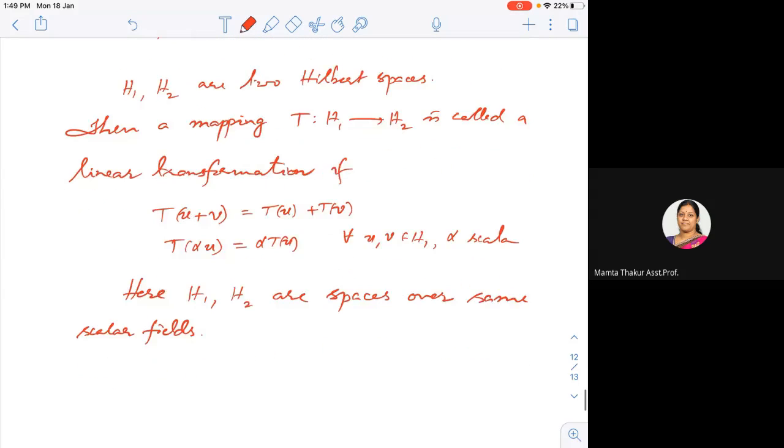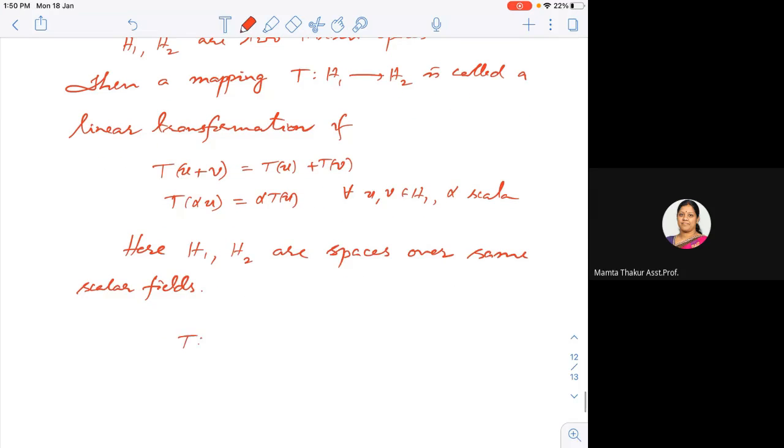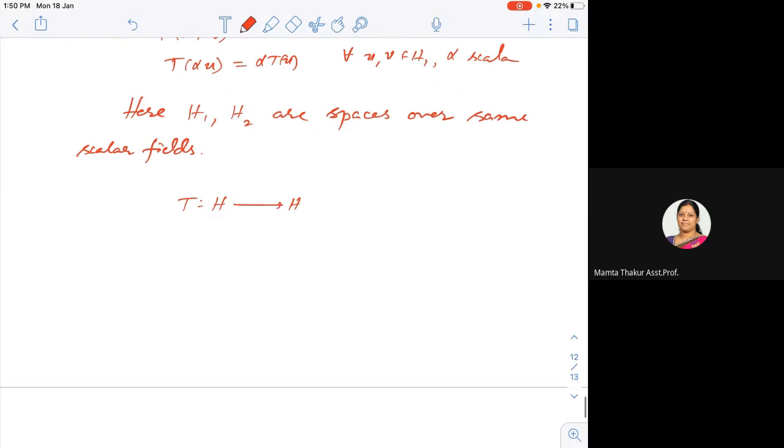When the linear map is only from a Hilbert space H into itself, we call it a linear operator. When the mapping is only from H to H, we call them linear operators. And a knowledge of these linear operators is also required in order to understand quantum computing.